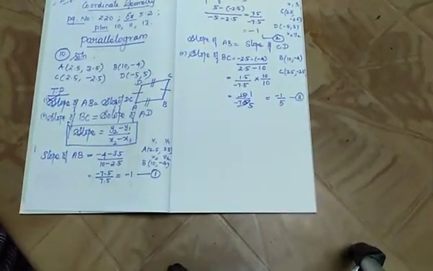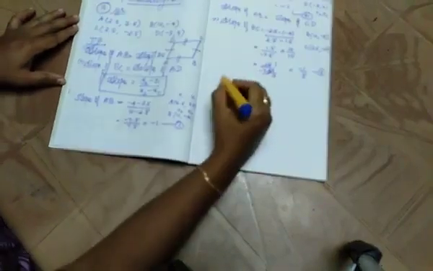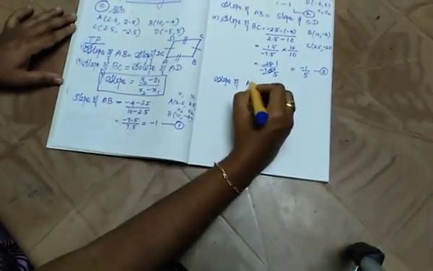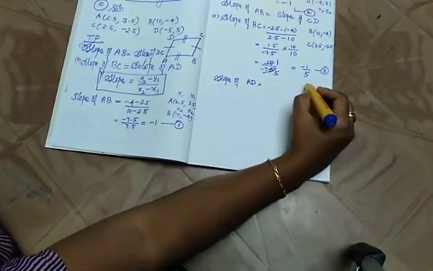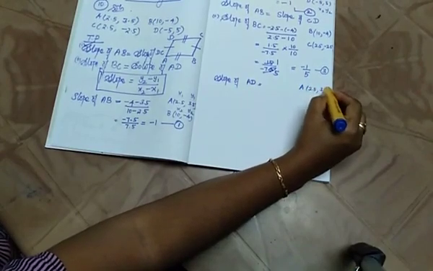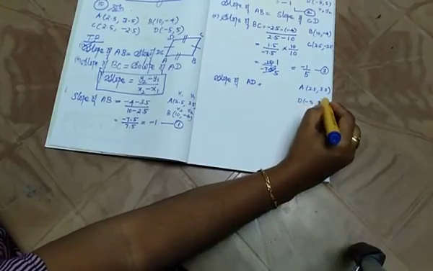So the next step is the slope of AD, isn't that right? So let's see. Slope of AD. So A of (2.5, 3.5) and D of (minus 5, 5).